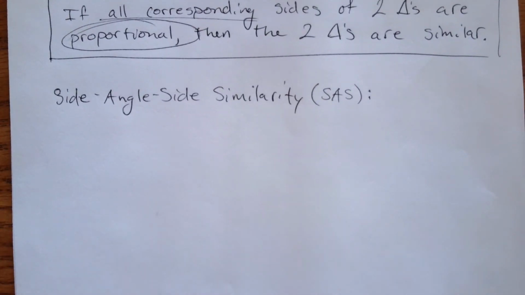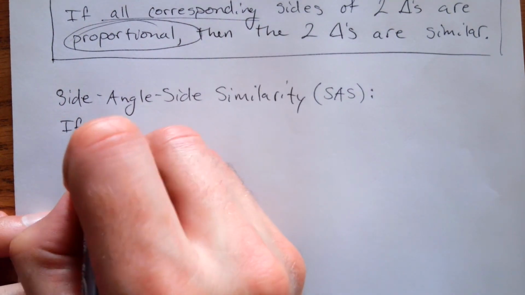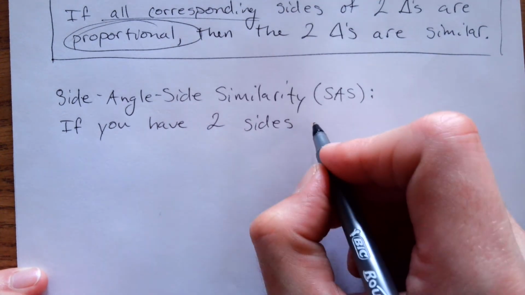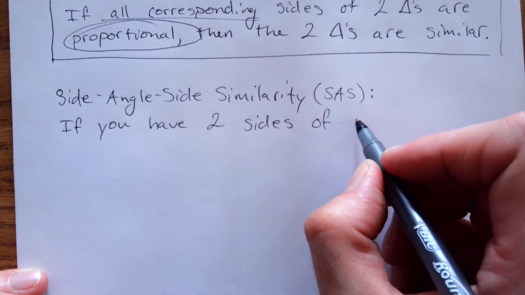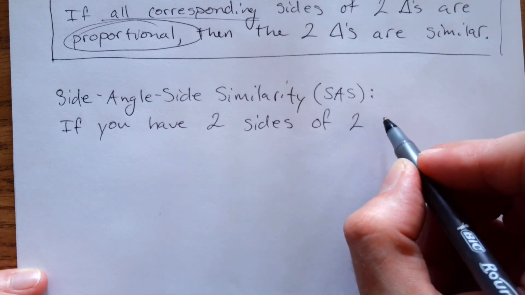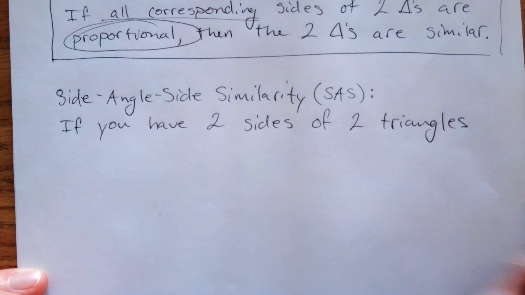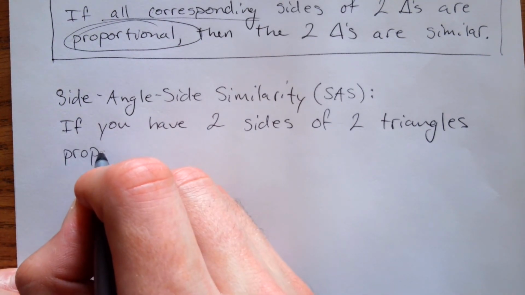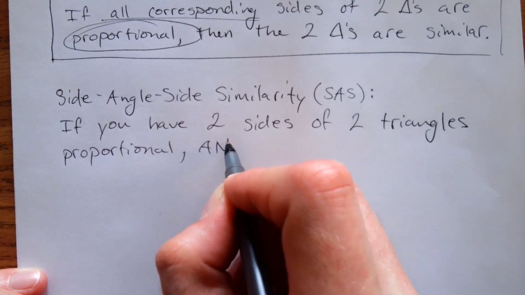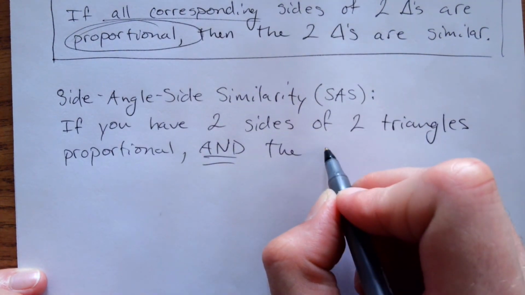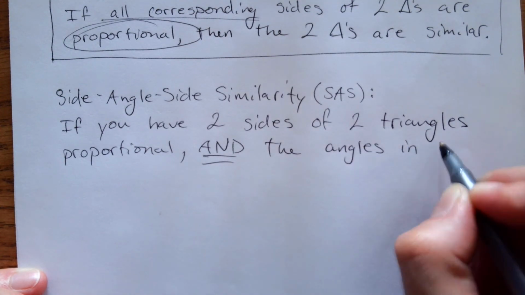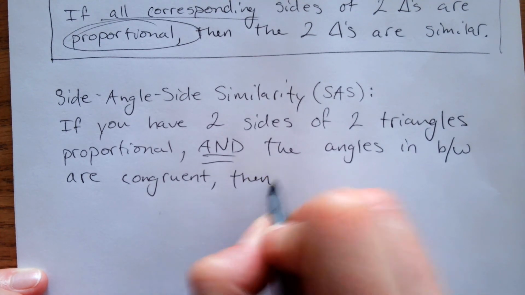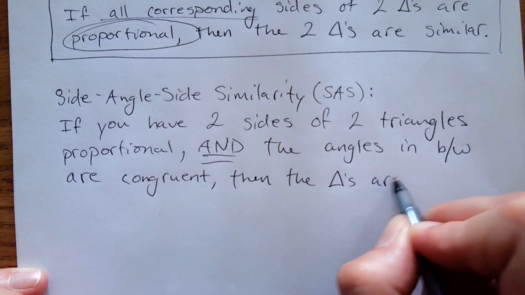So side angle side similarity. If you have two sides of two triangles proportional, and the angles in between are congruent, then the triangles are similar.